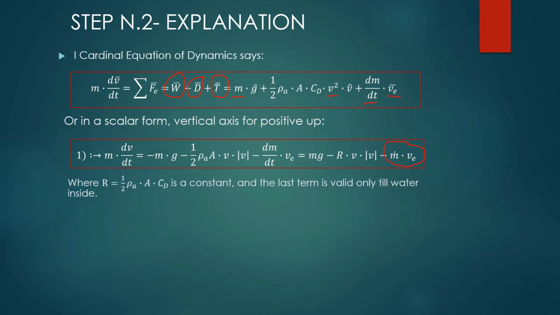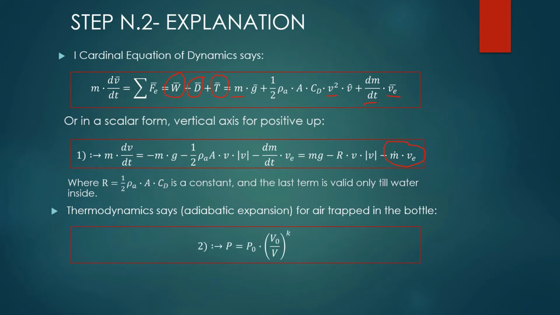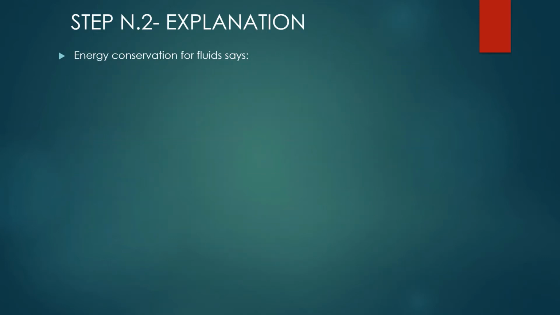Then we have another equation, given by thermodynamics and applied to the air inside the bottle. It gives a relationship between the pressure and the volume. What is missing now? The energy conservation applied to the water, also called the Bernoulli equation. It says that the sum of the kinetic energy and the pressure energy is constant between inside and outside of the bottle, always for the water.